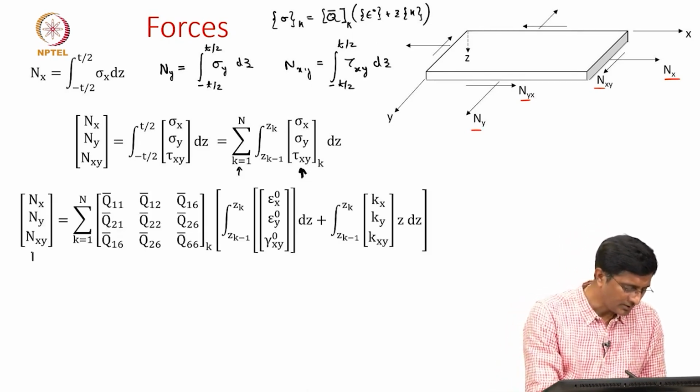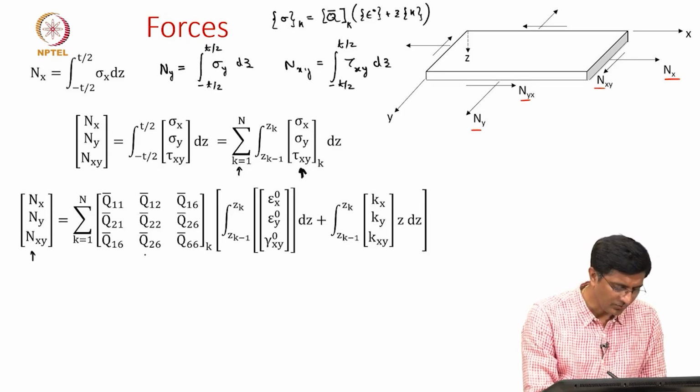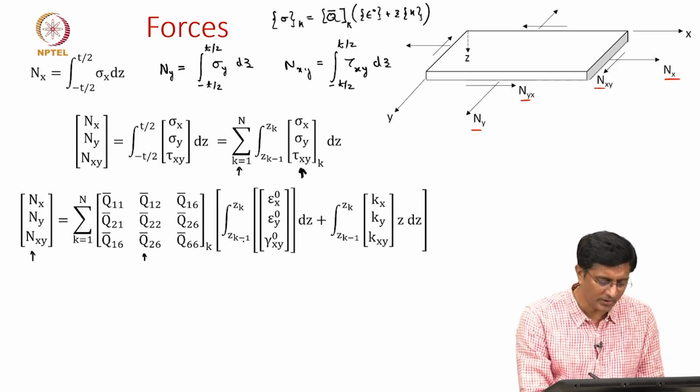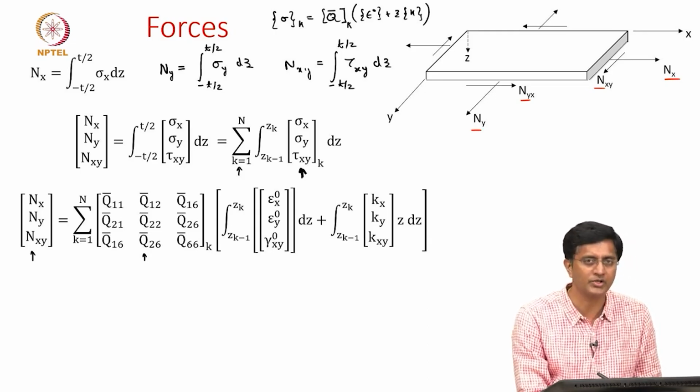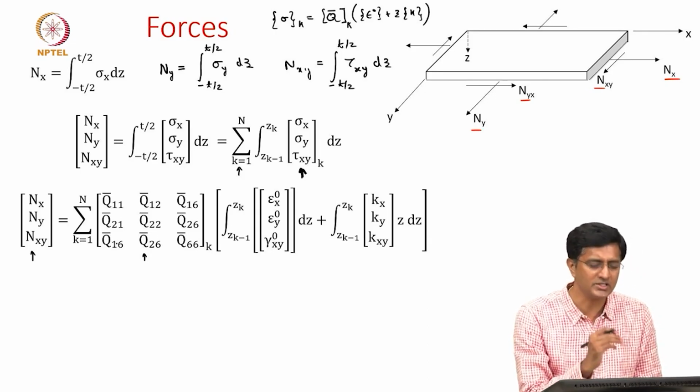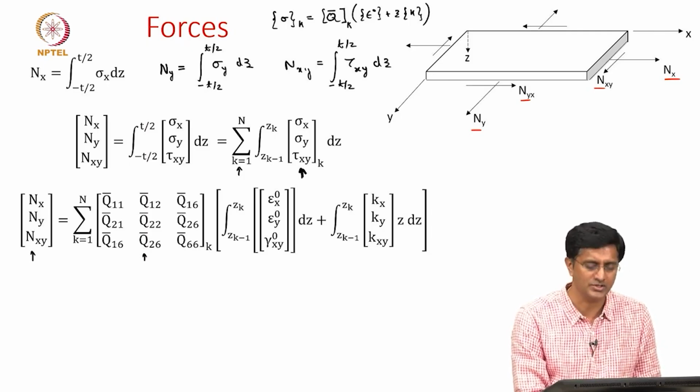So we now write these forces as a summation of the Q matrix. If you now see this Q matrix, we have taken it out of the integral because it's not a function of z. But we have kept it within the summation because for each layer these Q values change.